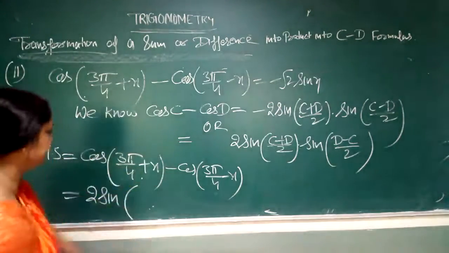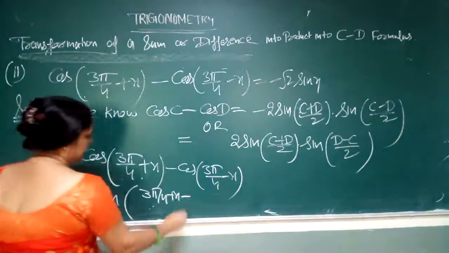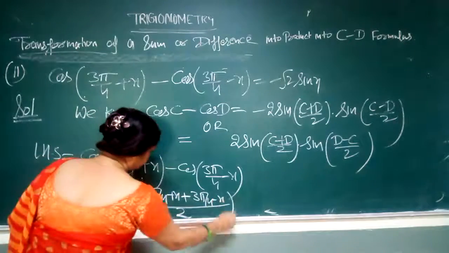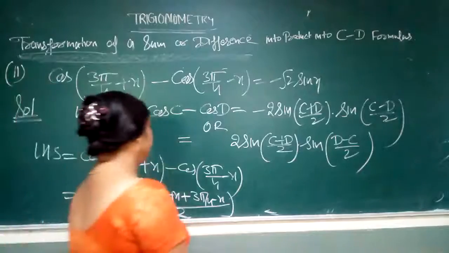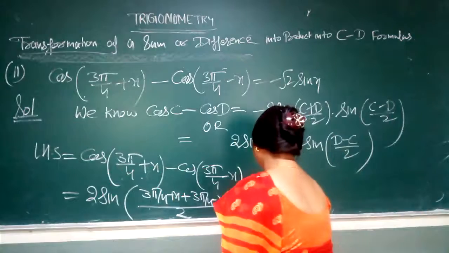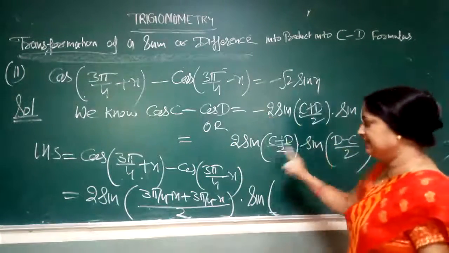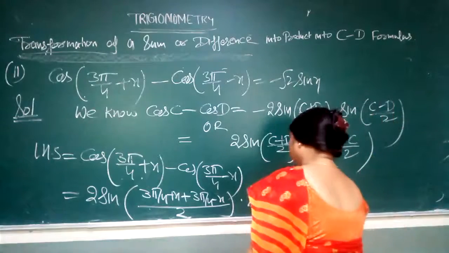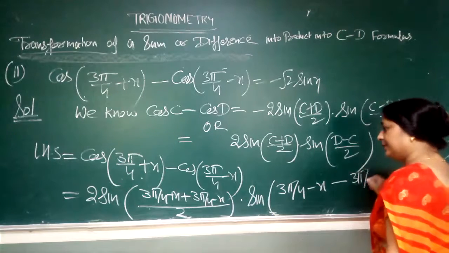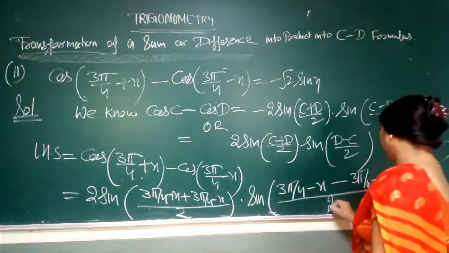This is C and this is D. So 3 pi by 4 plus x plus 3 pi by 4 minus x upon 2, into sin of D minus C, adjusting the minus here, where D is this one: 3 pi by 4 minus x minus 3 pi by 4 plus x upon 2.